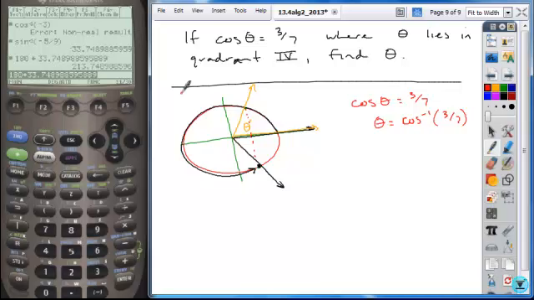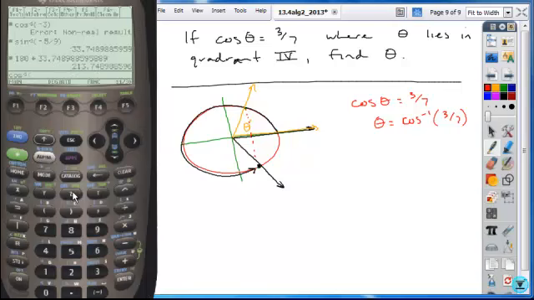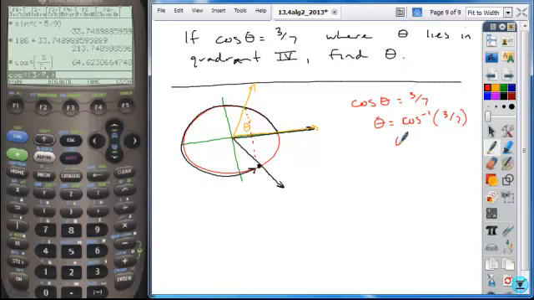Well, according to our calculator, if we enter that, inverse cosine of 3/7, I'll put a decimal in there so my answer is in decimal form. And here we can find it in either degrees or radians, so I'll find it in degrees. And so I get 64.62 degrees.